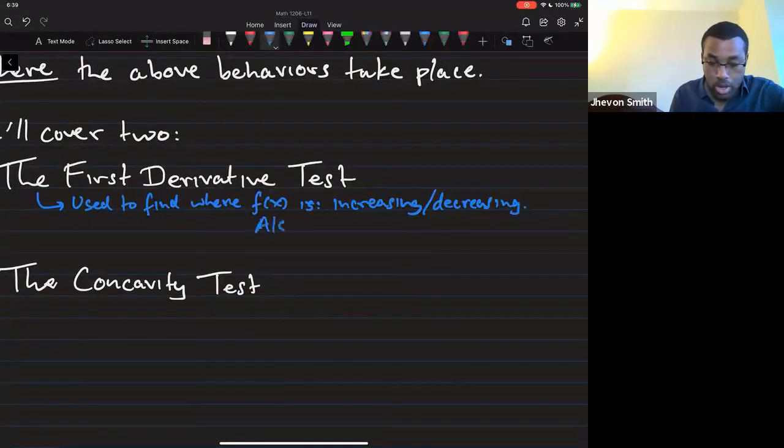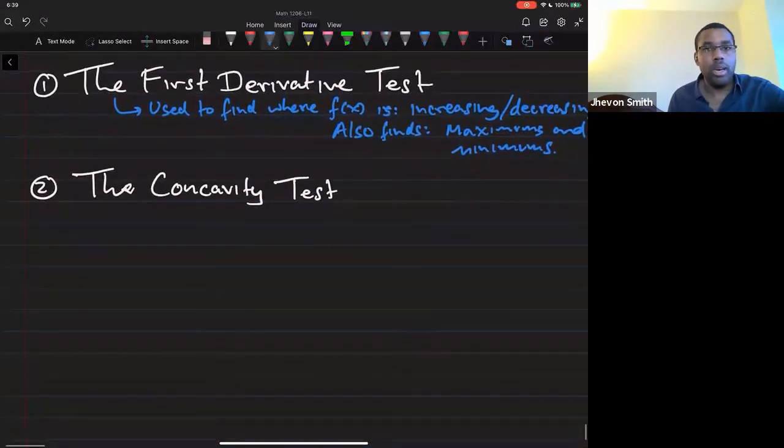And as a bonus, also finds maximums and minimums. And yeah, that's the first derivative test. The first derivative test helps us find all that stuff.